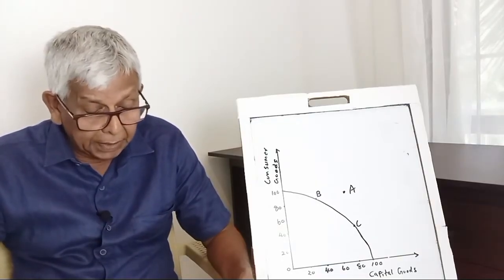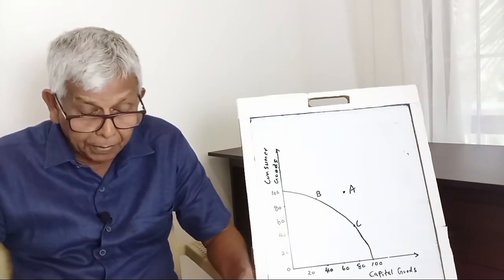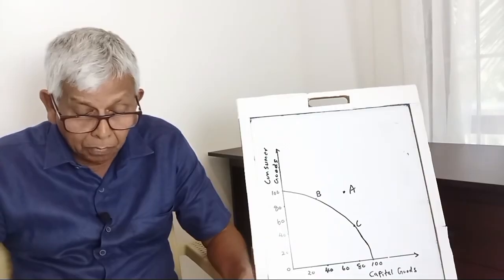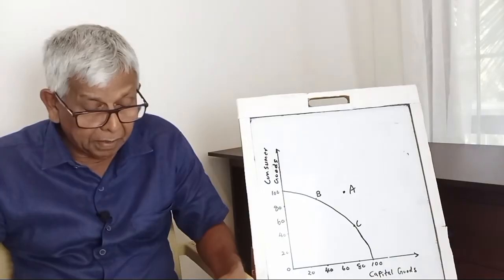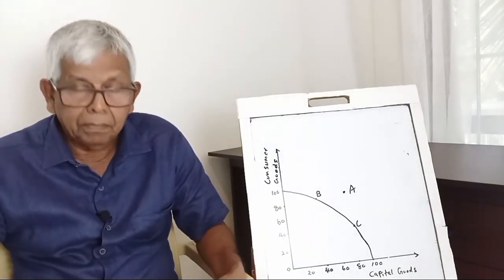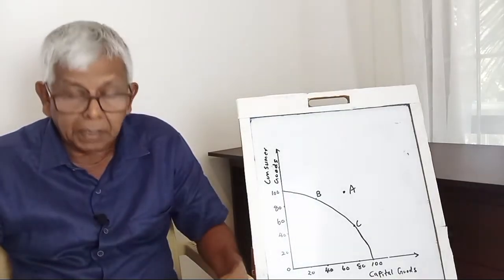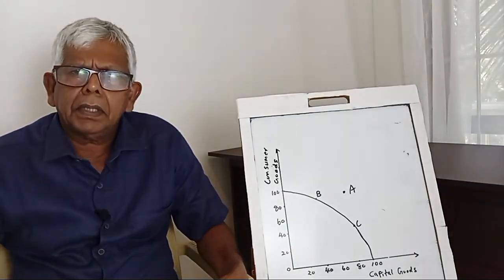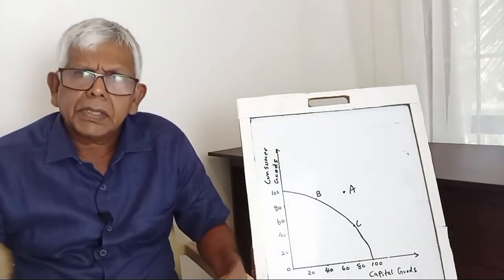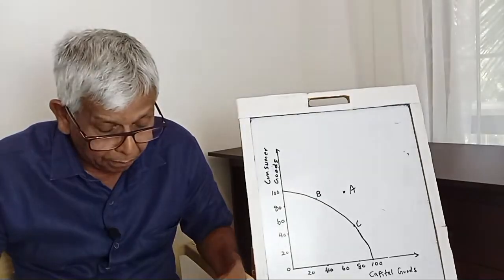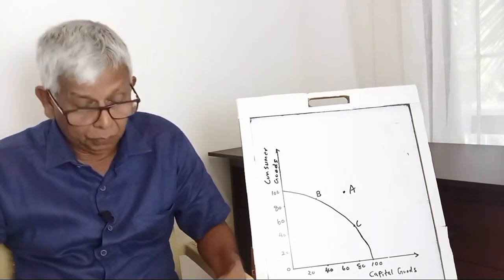When you take the economy as a whole, it is unable to get the maximum output from a given amount of resources. This means that the economy cannot stay on the production possibility frontier curve.